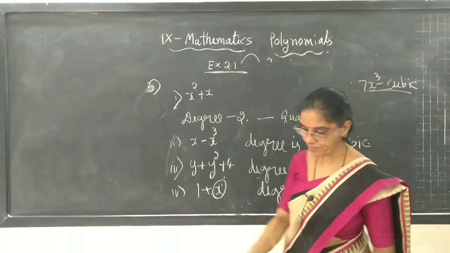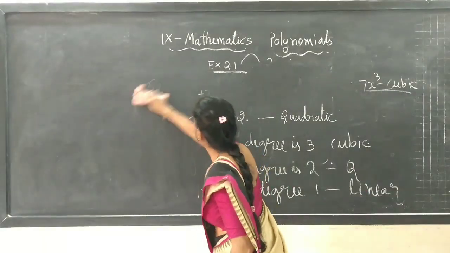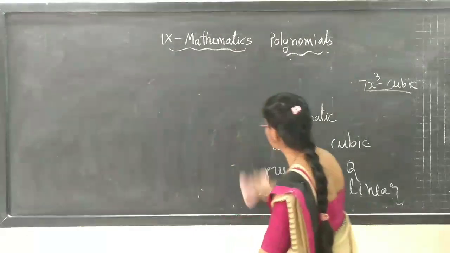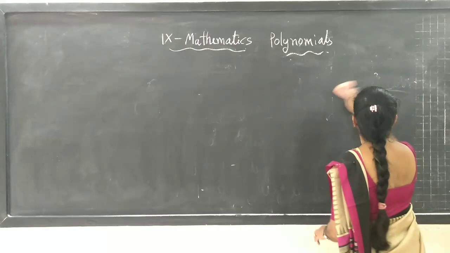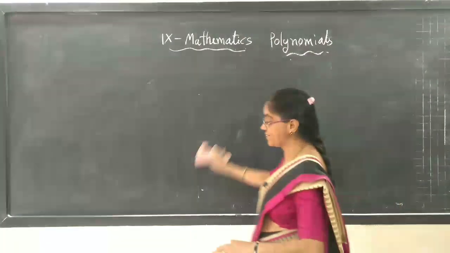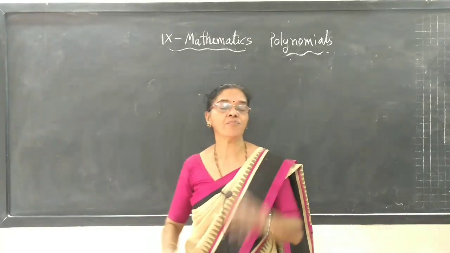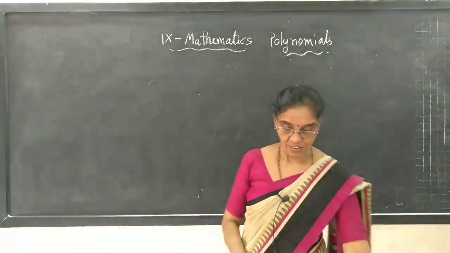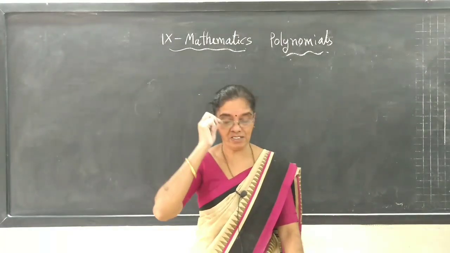Okay. I hope you understood the basic things in polynomials, like the degree of the polynomial, or if you consider the number of terms, like we have monomial, binomial, etc. What is the meaning of coefficient of the polynomial?